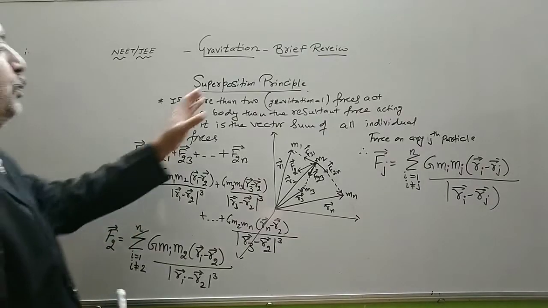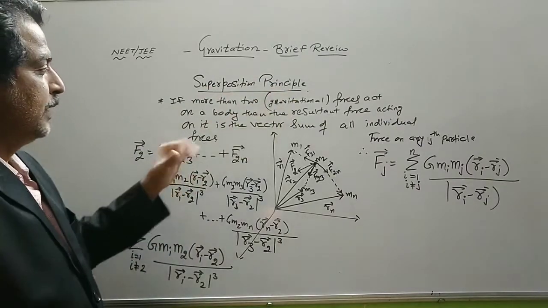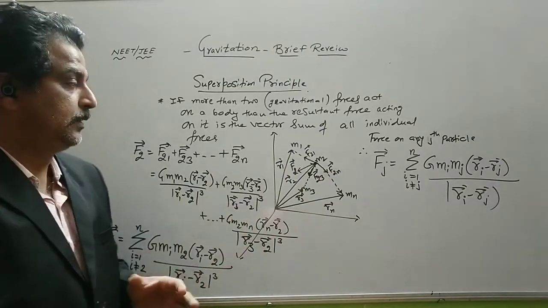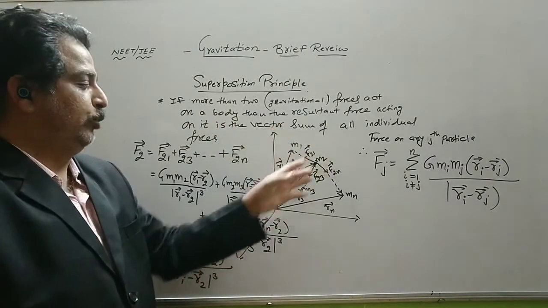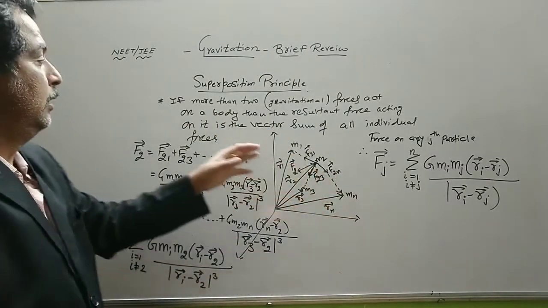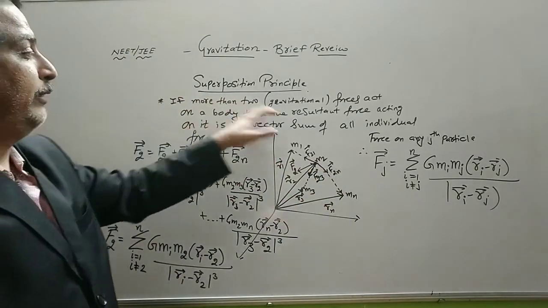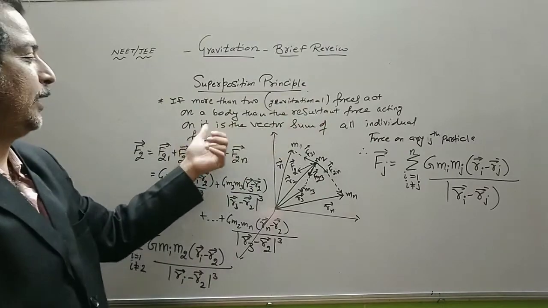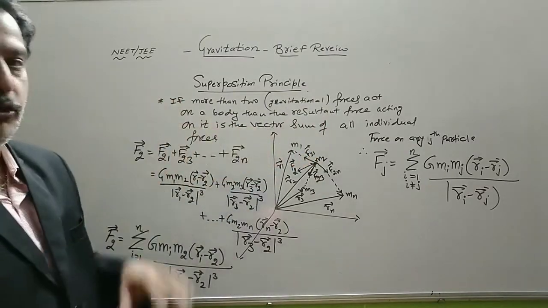Now let us see the superposition principle. In the system we assume there are n particles having the masses m1, m2, m3, up to mn. If more than two gravitational forces act on a body, then the resultant force acting on it is the vector sum of the individual forces.